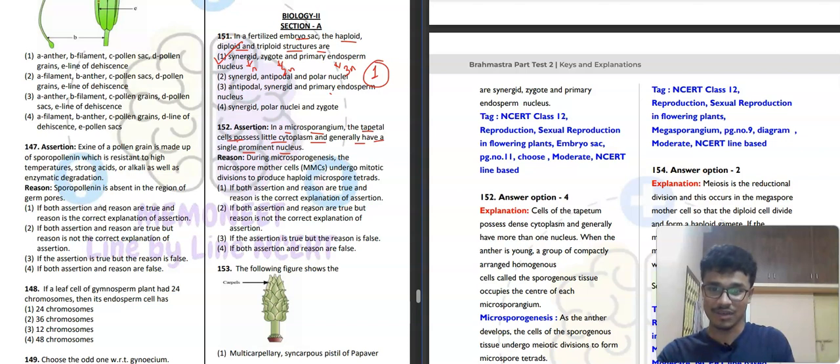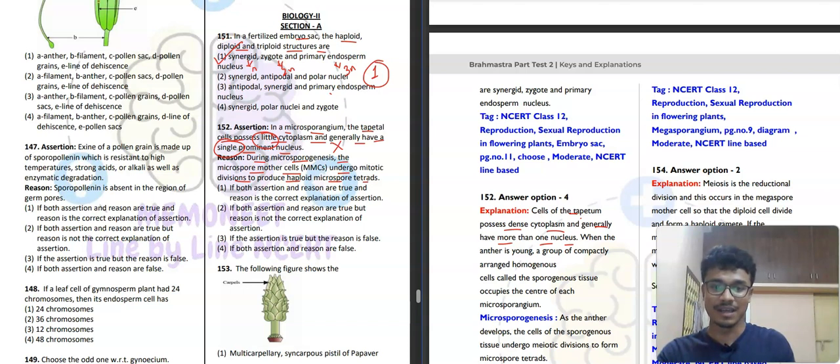Now the next one, reason: during microsporogenesis, the microspore mother cell undergo mitotic division to produce haploid microspore tetrad. Now let's discuss this. So basically what happens is that the cells of tapetum possess dense cytoplasm and generally have more than one nucleus. So it is saying that little cytoplasm and generally have single prominent nucleus. So both are incorrect. So assertion is wrong.